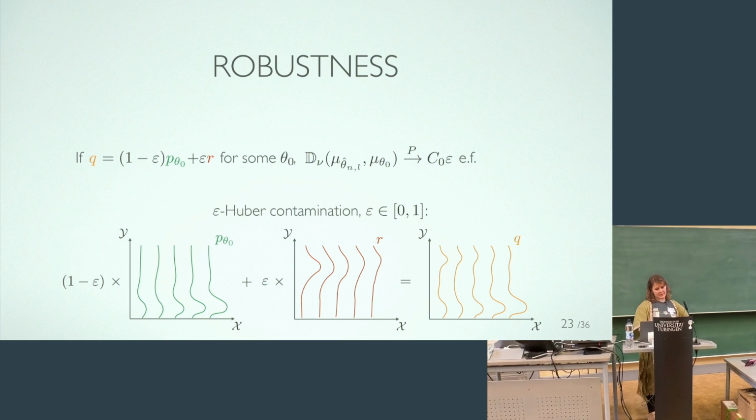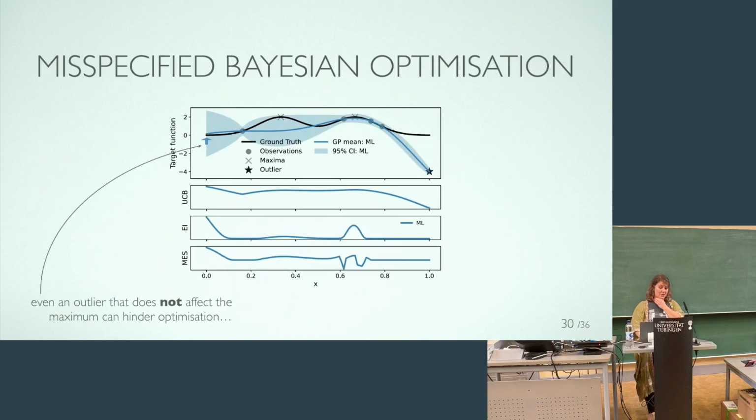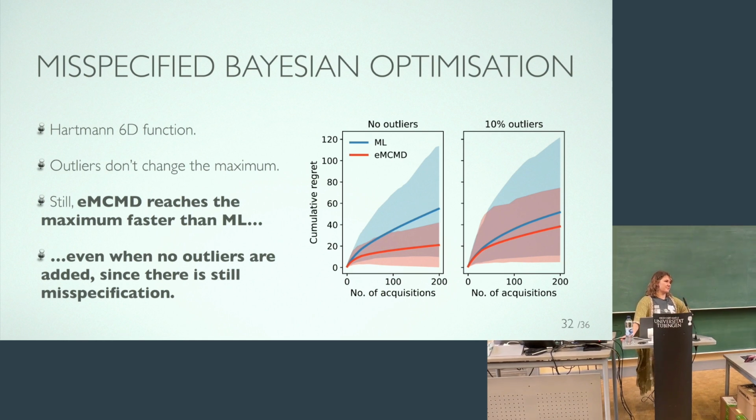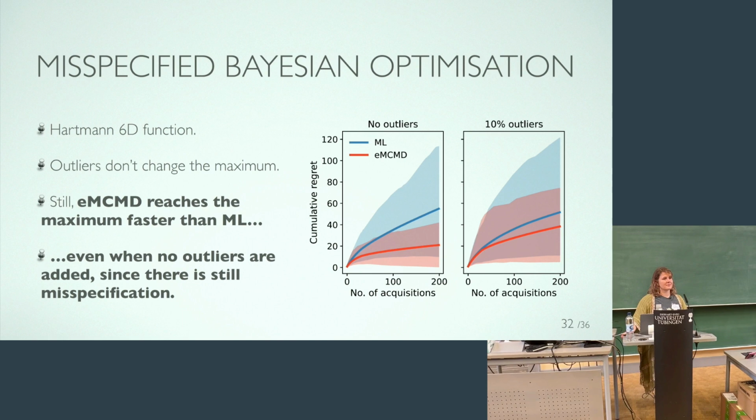But again, this result assumed that the p theta 0 is known to come from the p theta family, right? Which is not the case for this Bayesian optimization problem. So in some sense, this goes beyond the setting that we considered in theory, and we kind of show that it still works.